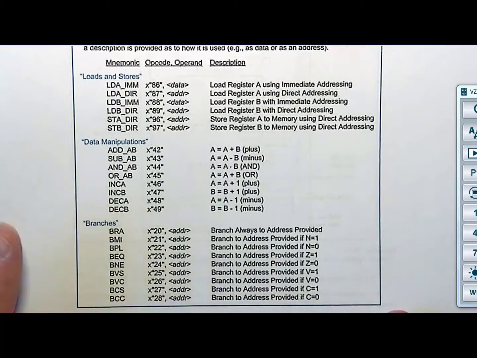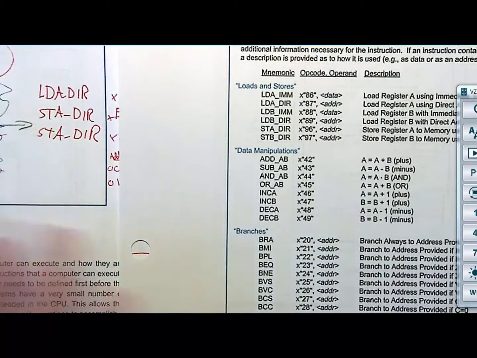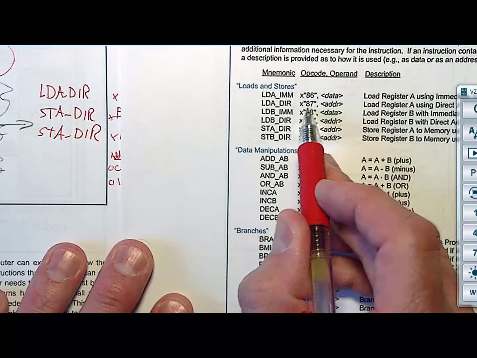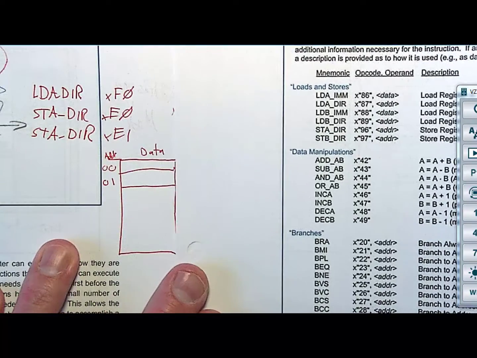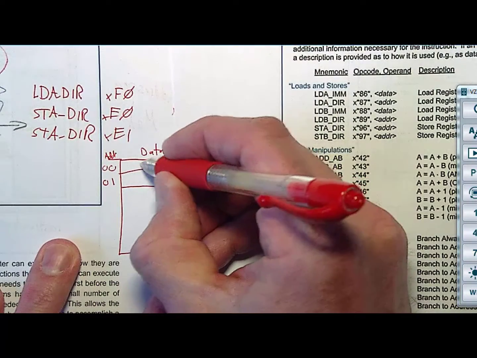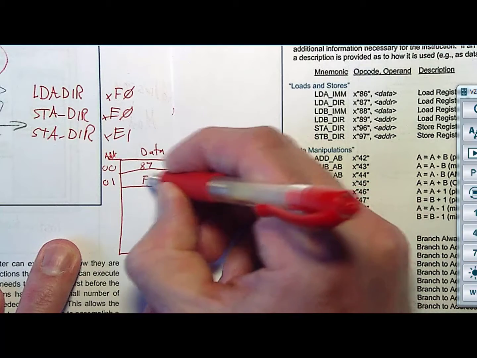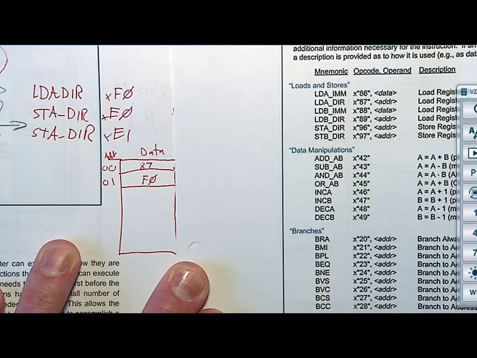So when I come out here and I look at this table, okay, I would then say LDA direct is actually 87. That's the opcode. So if I looked into my memory system, I would say, okay, I'm going to have 87 followed by F0. That is the instruction. That's what I would need to put in my program memory as a constant in order to get that instruction executed.